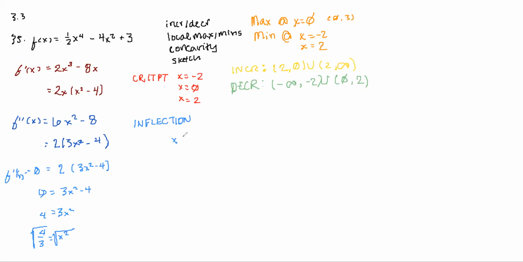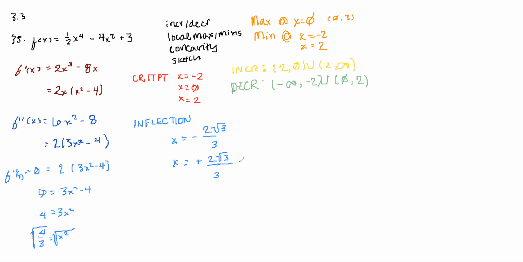So this is going to be at x is equal to minus 2 over root 3, and x is equal to plus 2 over root 3. Or I would believe that's 2 root 3 over 3, and 2 root 3 over 3, because people don't like having square roots in the denominator.